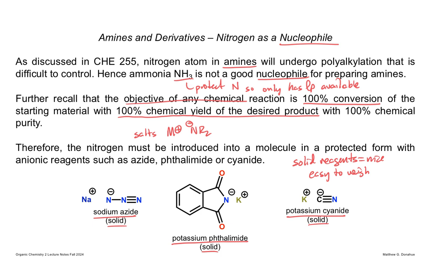So sodium azide, potassium phthalimide, potassium cyanide are all ways of getting nitrogen into the molecule. And so what you see in all of them, you have N minus, N minus. And then in potassium cyanide, the carbon's actually minus, but it's bringing along that nitrogen. So this is actually installing a carbon between the nitrogen.